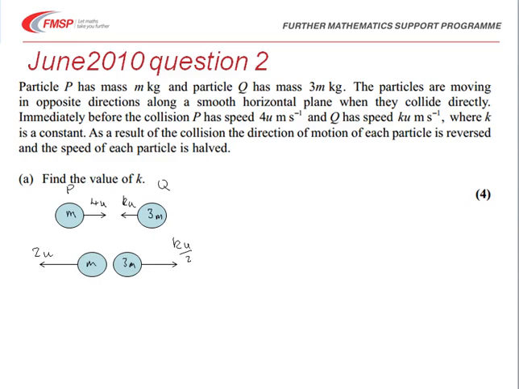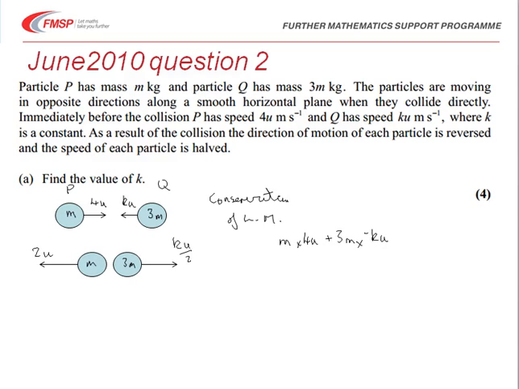So this is a conservation of linear momentum then. So if we look at the momentum before the impact, then we have mass m multiplied by the velocity 4u, and then 3m multiplied by velocity of minus ku.